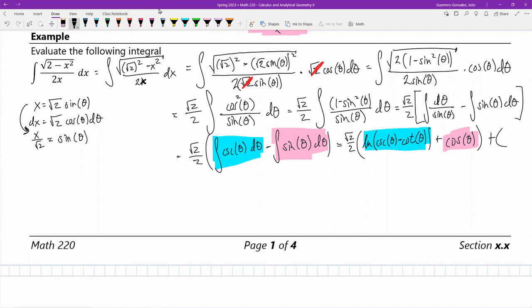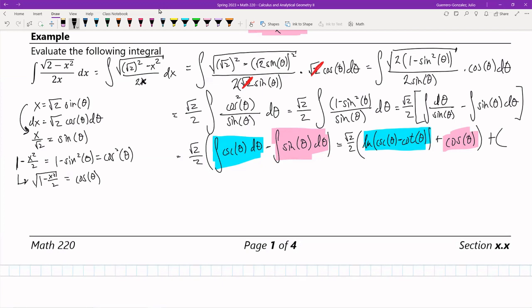Therefore, 1 minus x squared over 2 should be equal to 1 minus sine squared theta, which means the square root of 1 minus x squared over 2 should be equal to cosine of theta, because this is cosine squared of theta.